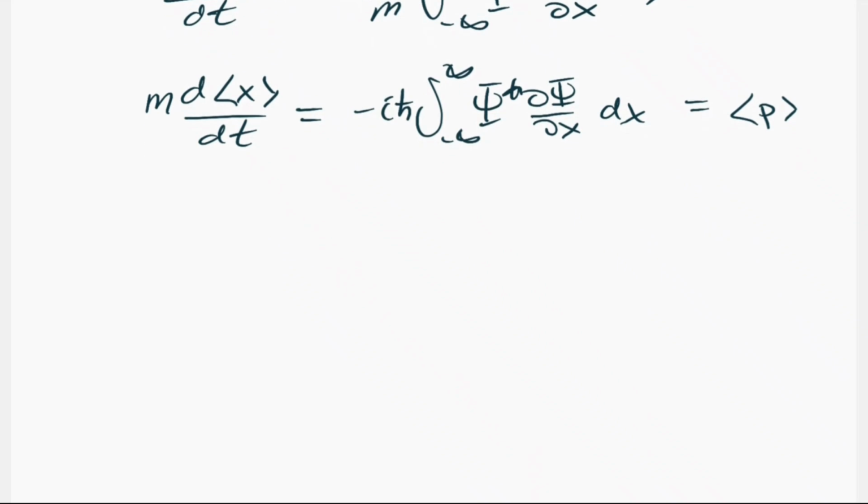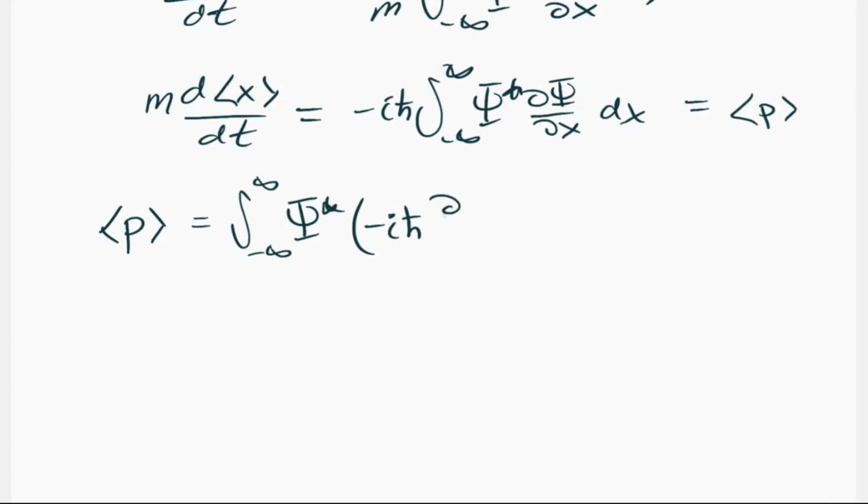If we take that negative i h bar inside of the integral and disconnect that d/dx from psi for a moment, we'll see that the expectation value of momentum is equal to the integral from negative infinity to infinity of psi star, then pull in our negative i h bar because that's just a constant term, then our d/dx, and then our psi. That d/dx is still being applied to psi. We can't change that, just the way that we're writing it is a little bit different.